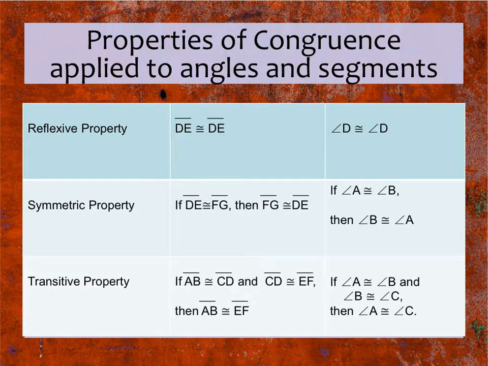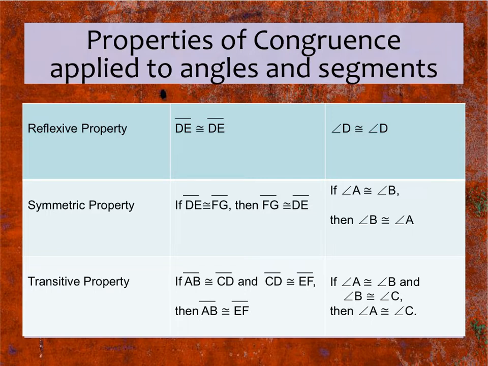So here are properties of congruence that could be applied to angles and to segments. These are the same properties we saw yesterday, but yesterday they had equal signs in between them. So we learned it as the reflexive property of equality, the symmetric property of equality, and the transitive property of equality.